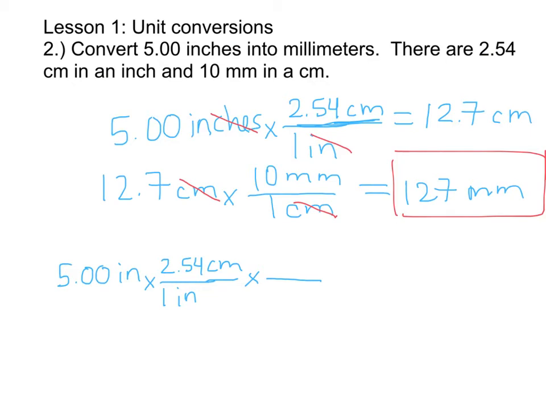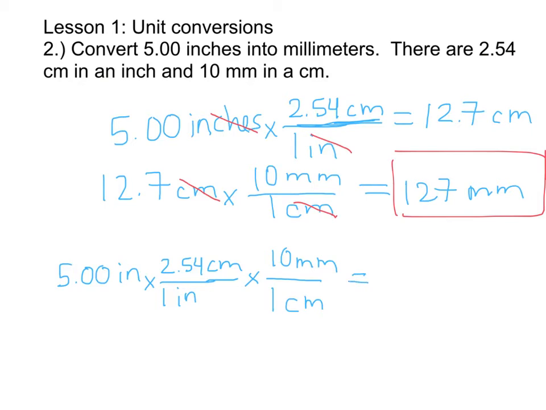And now we can do our next unit conversion. We know that there are, again, 10 millimeters in 1 centimeter. So again, we put our unit that we want to cancel out, which is centimeters, in the denominator. So we'll say 1 centimeter. In 1 centimeter, there are 10 millimeters.